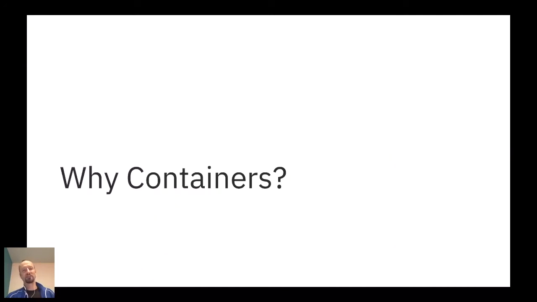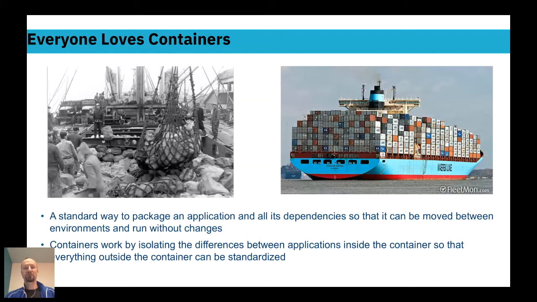So why containers? Everyone loves containers, of course, and part of my family, I'm coming from the port city, was involved in bringing containers to my home country, Poland. Containers are great because they package everything inside, and they have a uniform interface outside.